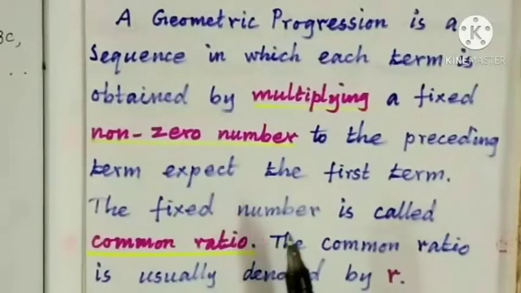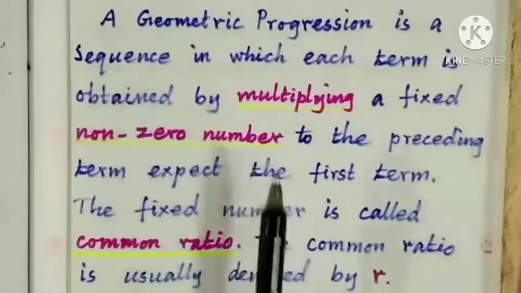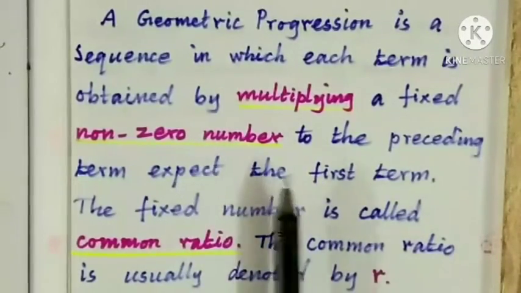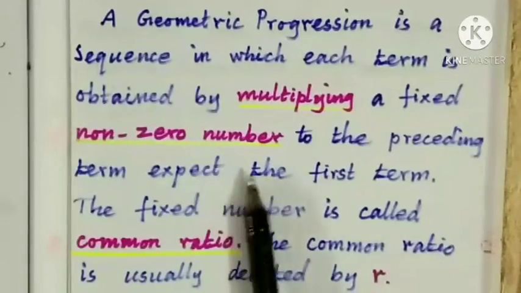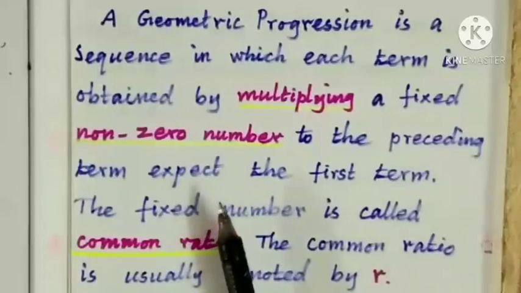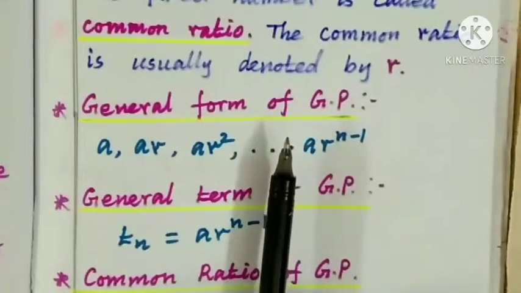That is, when each term of a geometric progression is multiplied by a non-zero constant, the resulting sequence is also a geometric progression. The next heading, general form of a GP.